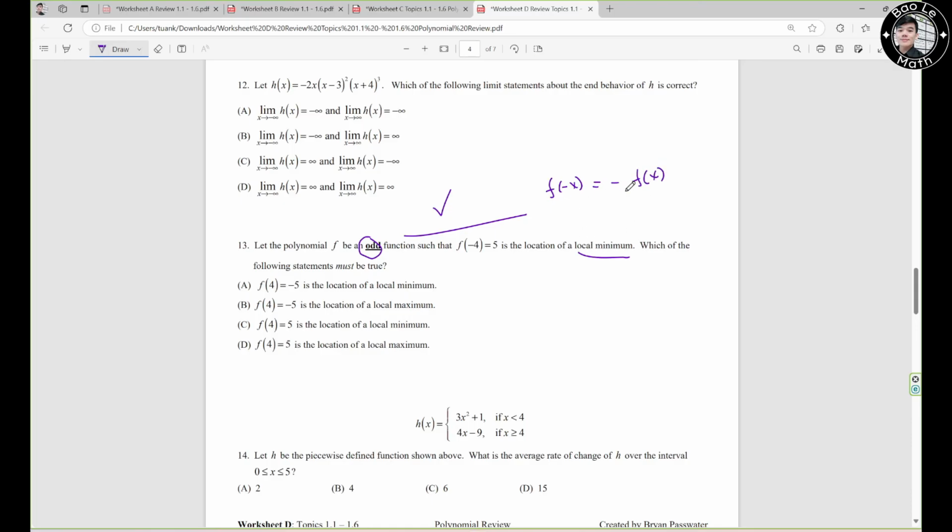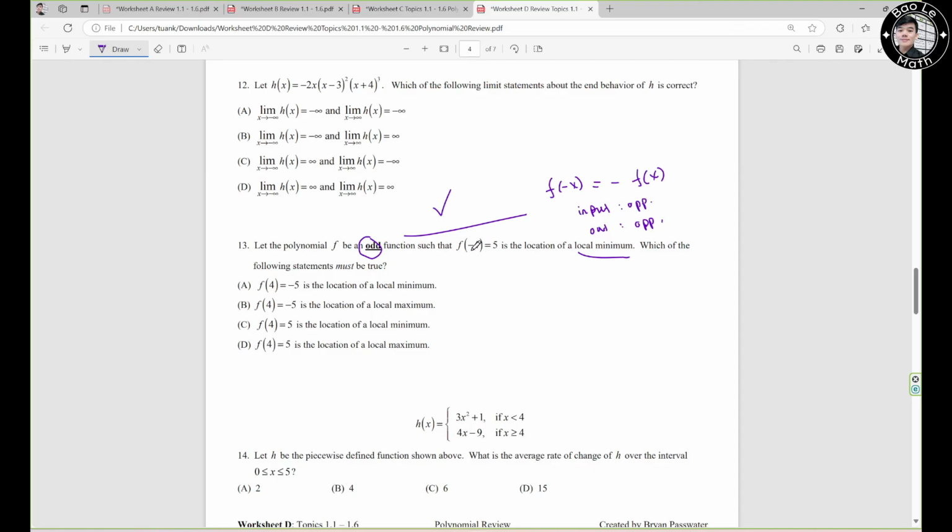So which means the input is opposite and the output is still opposite, because they are both symmetric about the origin.